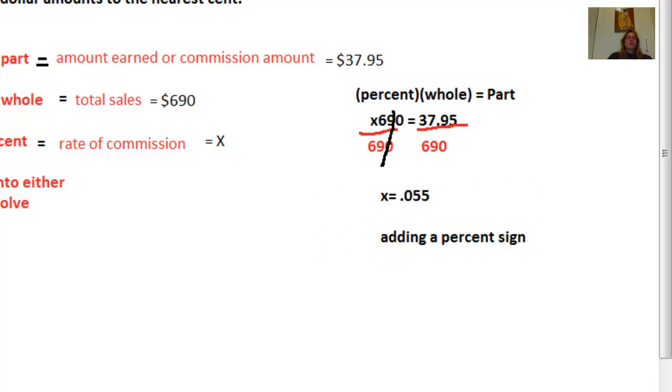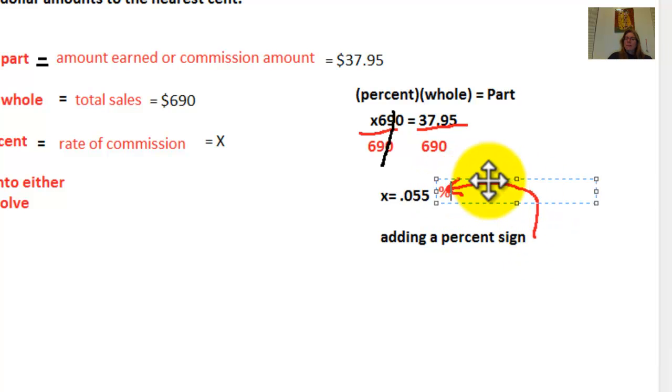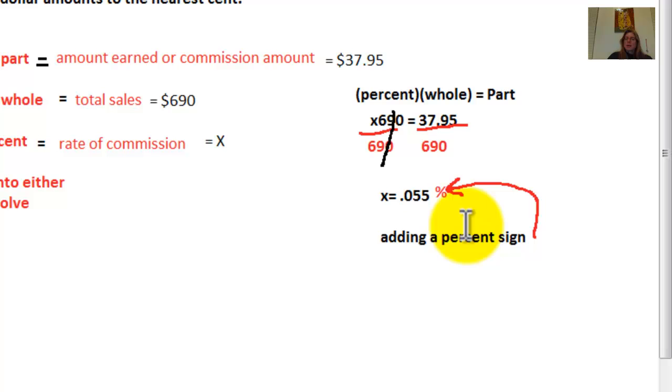So adding a percent sign to 0.055, once again, it's just a matter of moving decimals. When you're putting a percent sign on it, you are moving the decimal 2 places to the right, which is multiplying by 100.